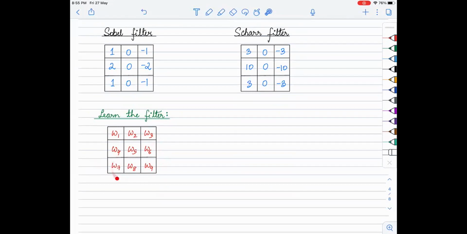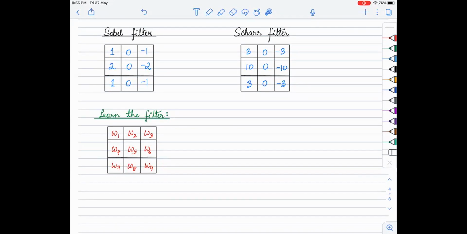Instead of working with a fixed filter, what CNN does is it learns these filters. So instead of putting specific numbers like 1, 0, minus 1, 2, 0, minus 2, it puts some weights, w1, w2, w3, w4, w5, w6 and so on. And at the end of the day, recall, the weights are always learned in a deep learning based model.